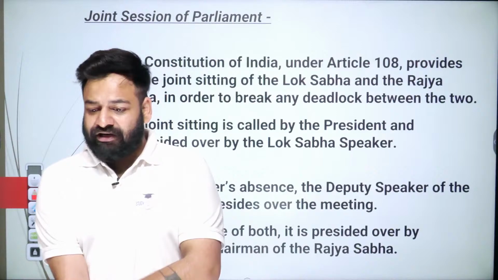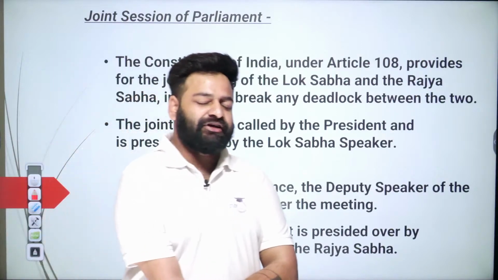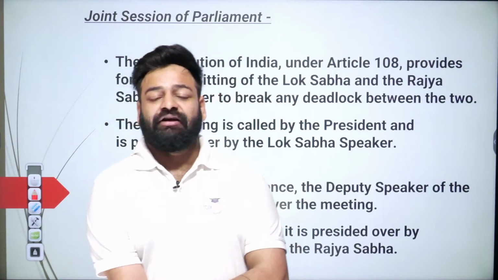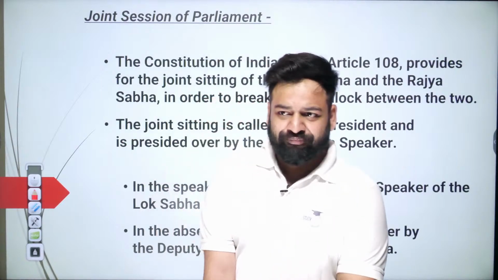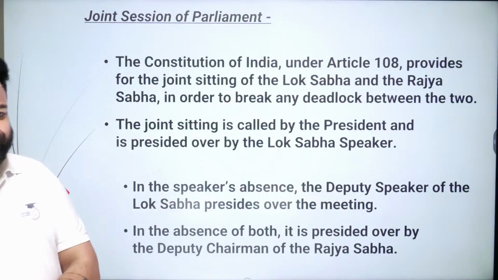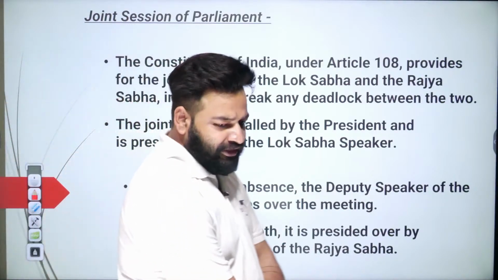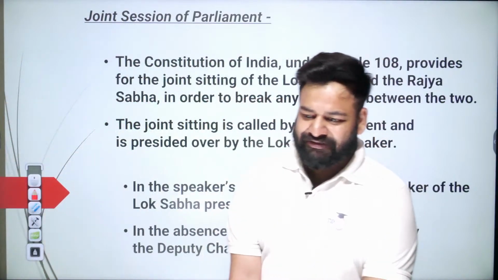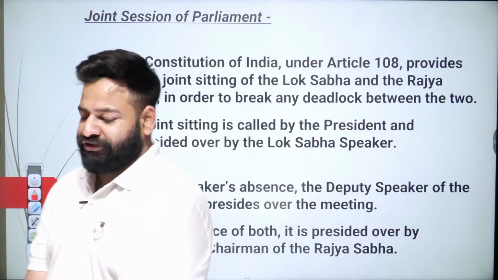That shall be presided by the Speaker of the Lok Sabha. In case the Speaker is not there, then the Deputy Speaker of the Lok Sabha. In case both of them are not there, then any other member as decided by the President of India.